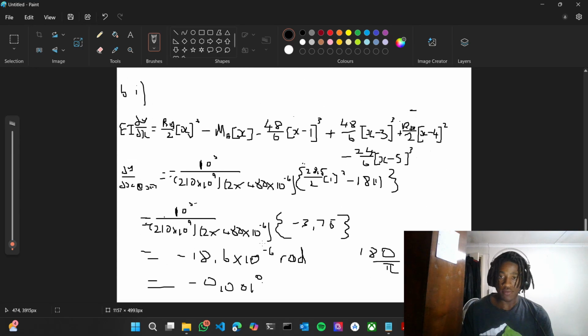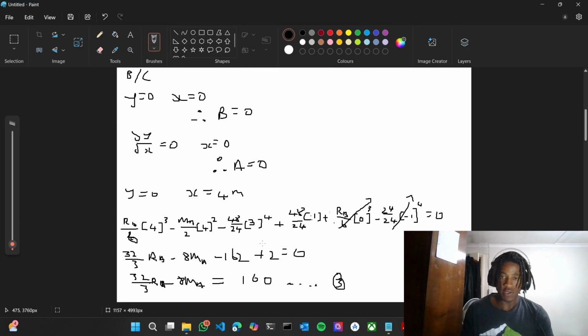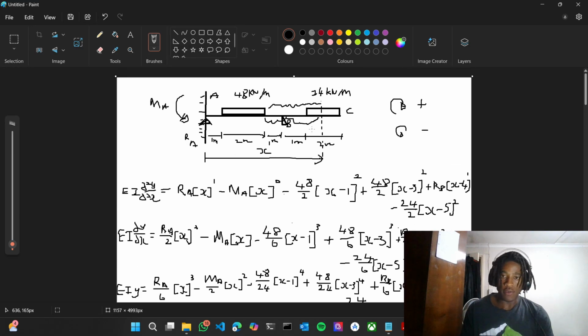But I think it's reasonable because we have here a cantilever, right? So at the far end without a support, the deflection is bound to be higher than if it was a simply supported beam, or what do you call it when both sides are attached to a wall? Yeah, whatever that thing is.